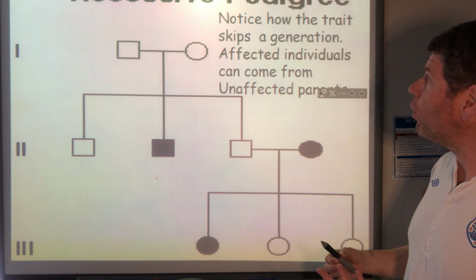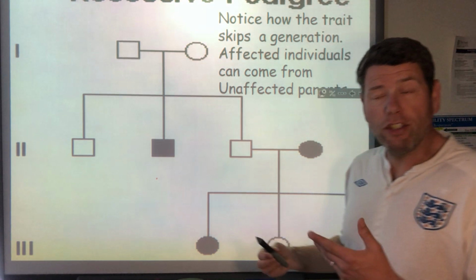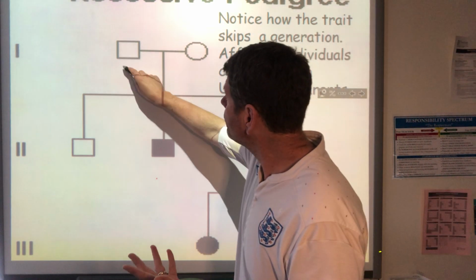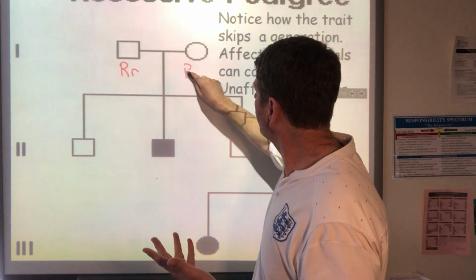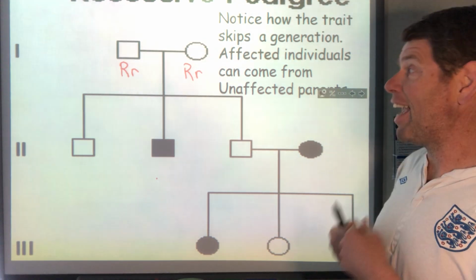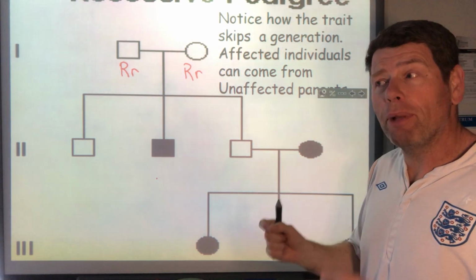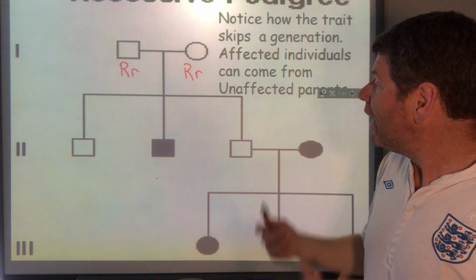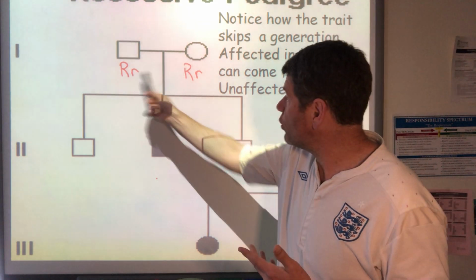Now, we know that not being able to roll your tongue is a recessive trait. So for example, those would be the genotypes of our parents, because let's say they can roll their tongues. They're not affected with the fact that they can't roll their tongues, right? And so these are tongue rollers. That's their phenotype, and there's their genotype.